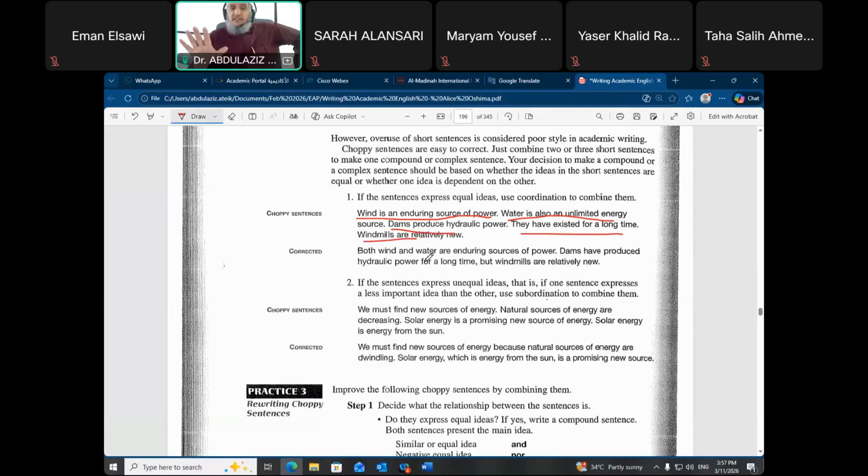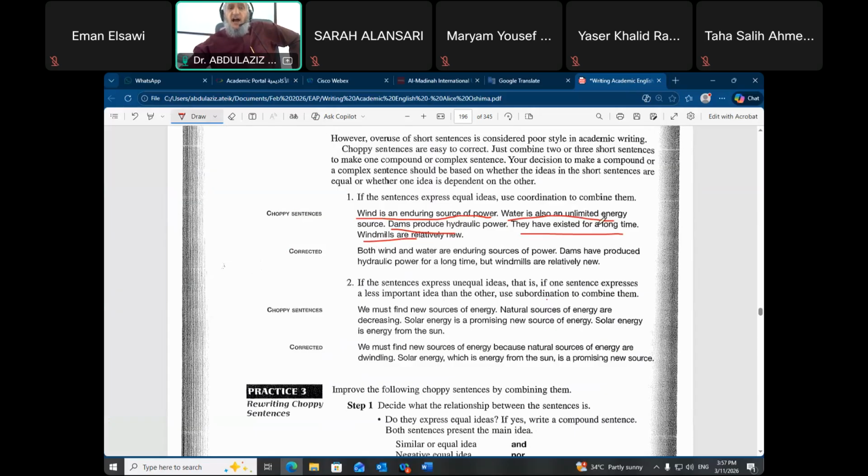They are correct. They are not wrong. But in good language, you should link the ideas that can be linked. For example, the first 2 sentences can be linked together. Both wind and water are enduring sources of power. Okay, because they both speak about energy source. Enduring means unlimited, by the way.